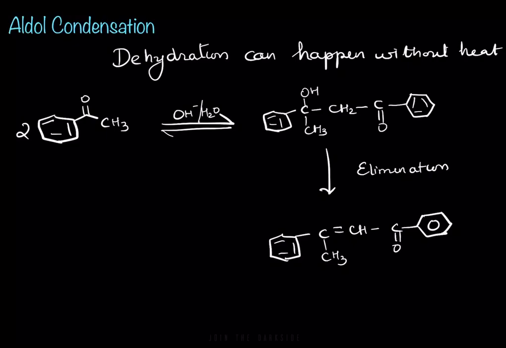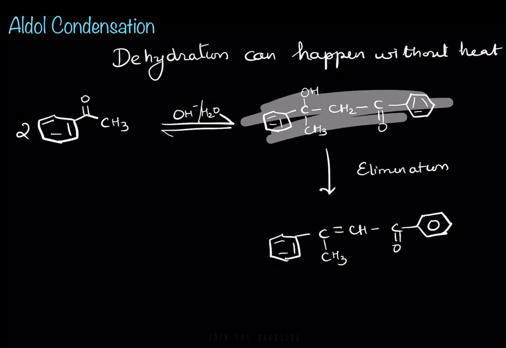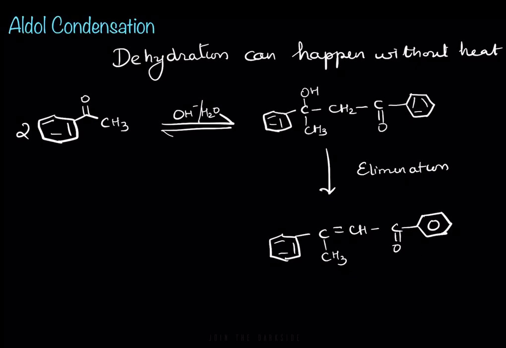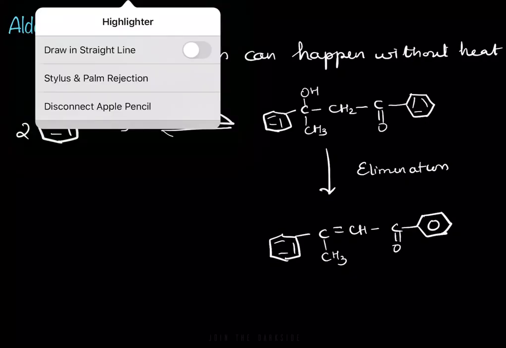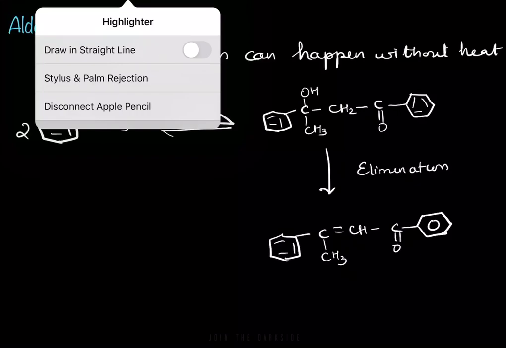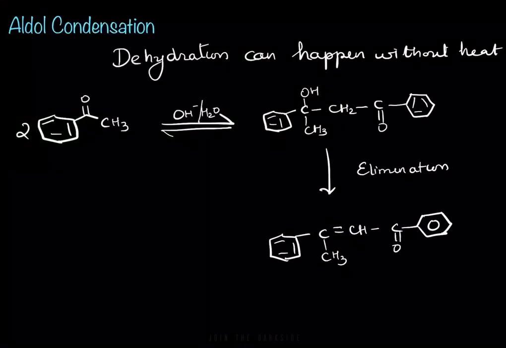Okay, this molecule right here is actually going to lose a water molecule super fast, because the new bond is conjugated not only with the carbonyl group but also with the benzene ring. So you have the new double bond right there, right?